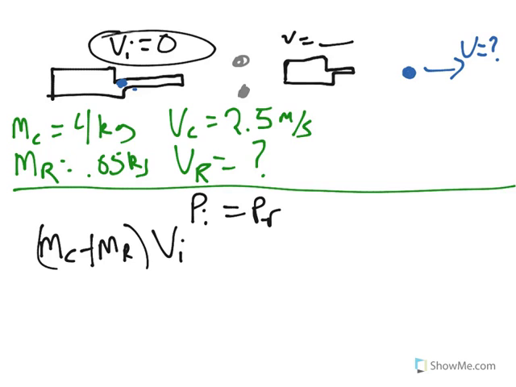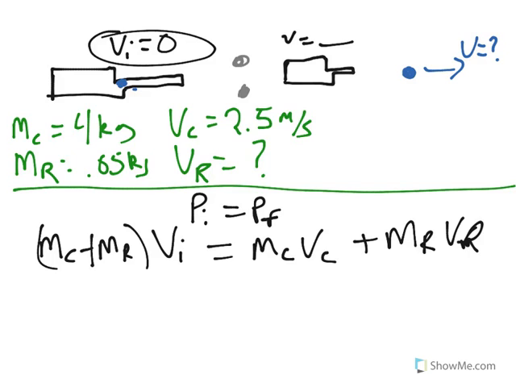Alright, so their initial momentum is 0, and that's equal to the momentum finally, which is equal to the mass of the cannon times the velocity of the cannon plus the mass of the racquetball times the velocity of the racquetball.